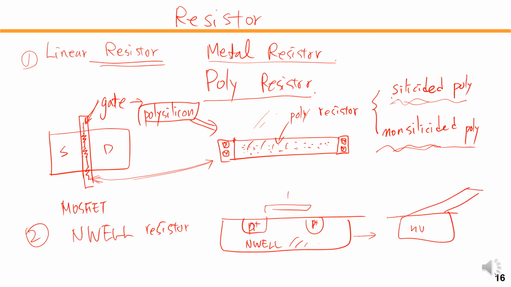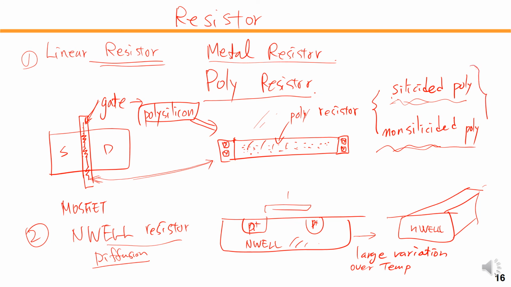But this N-well or diffusion resistor would have a large variation over temperature. The resistance value is large, and the variation is large over temperature. So typically we don't use the N-well resistor or diffusion resistor. Mostly in the circuit we use the poly resistor. The poly resistor is the most widely used.